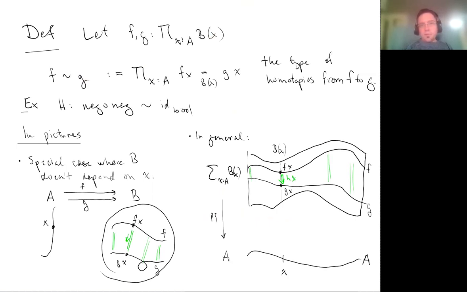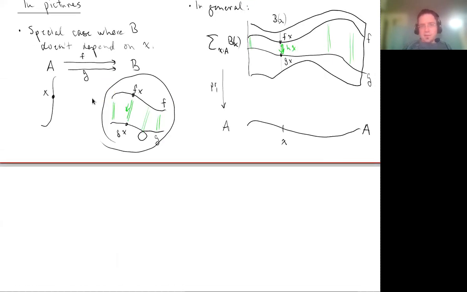Now, what can we do with homotopies besides give a proof of something like this, that the negation composed with itself is the identity? Well, we can define what it means for a diagram of types and functions to commute. So let me just define that quickly. Commutative diagrams.